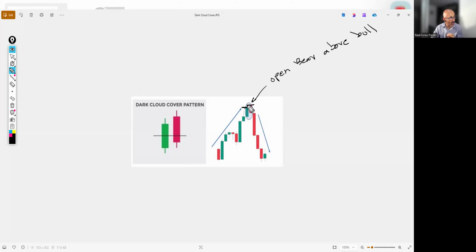The bear's open is above, here. And the close of the bear has to, that is a must, has to be 50% or more beyond the real body of the bull candle. That is a very interesting observation that we have to take into account. Let's move on to the charts now.